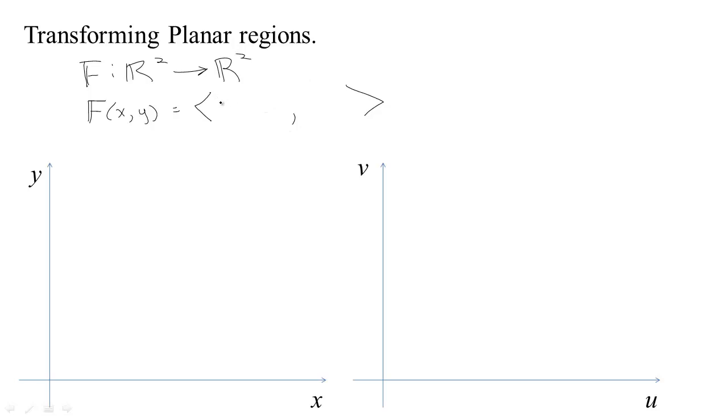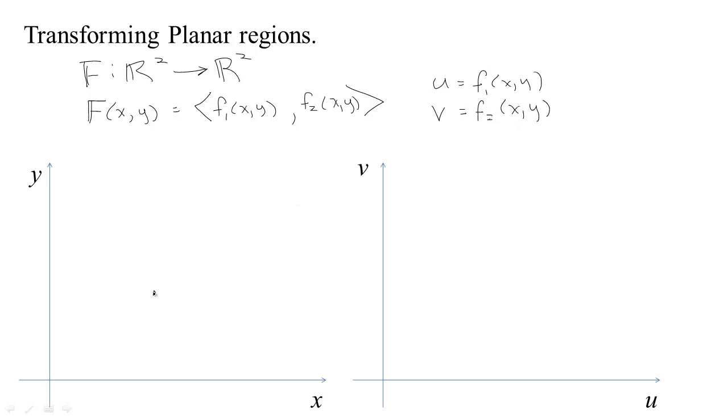So the first output, maybe it will be some function of the two inputs, and the second output will be another function of the two inputs. So we could think, well, my u coordinate of the output is some function of x and y, and the v coordinate of the output is some other function of x and y.